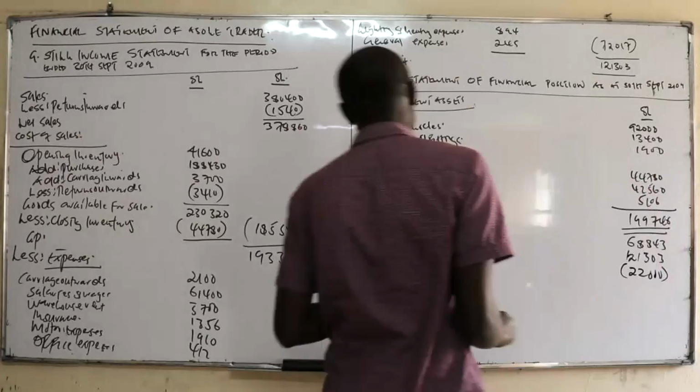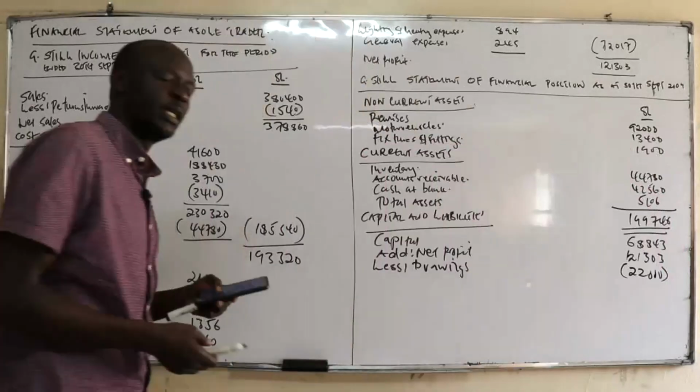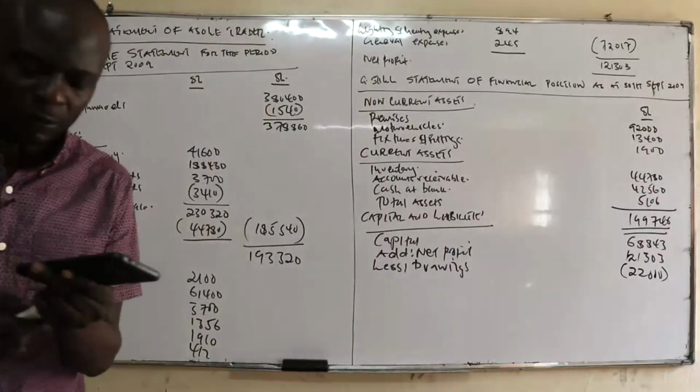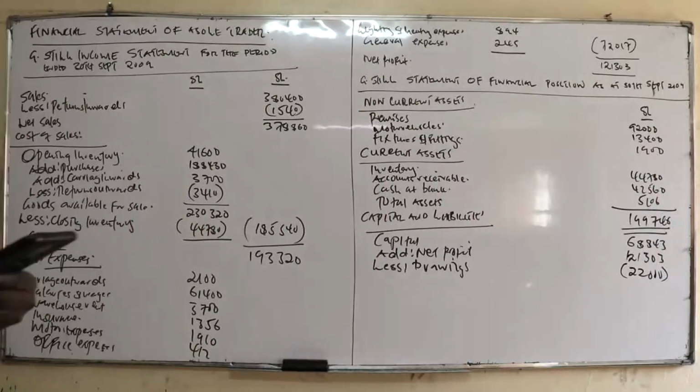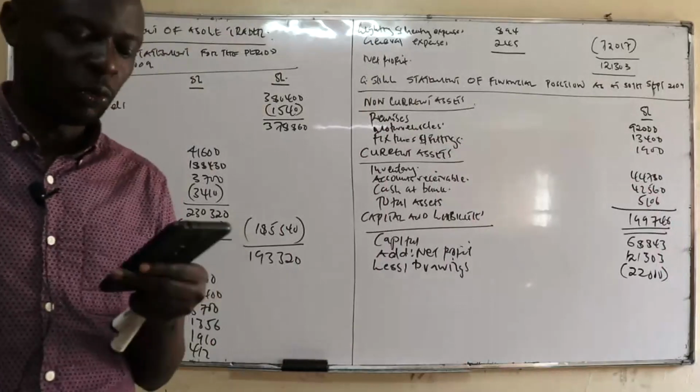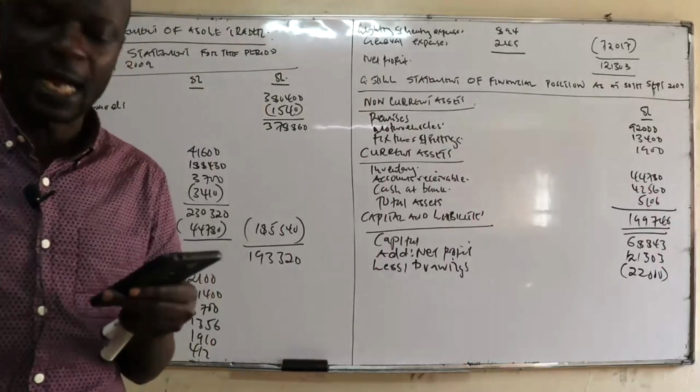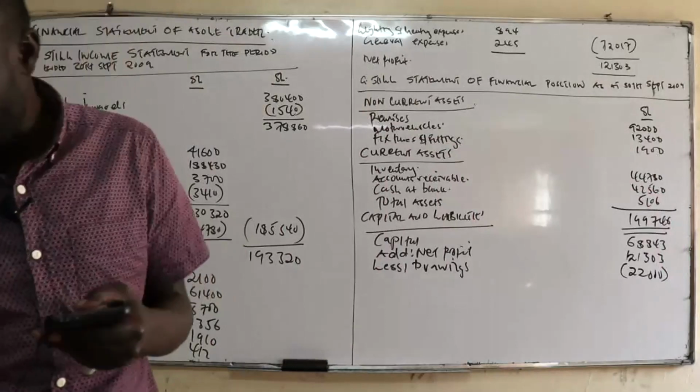And then, if you have non-current liabilities: liabilities are obligations of the business, what the business owes others, what they need to pay.